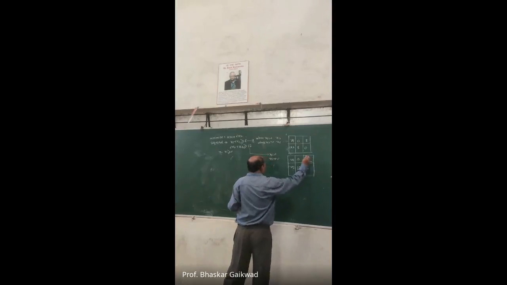Correct. Now after this you have to make the graph. Here it is x1, here it is x2. Correct? Up to here it is clear? Yes, sir. Correct?